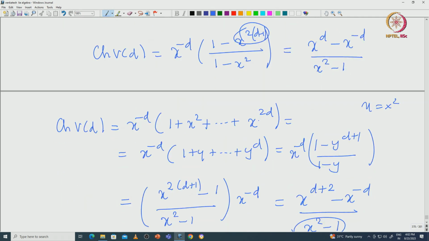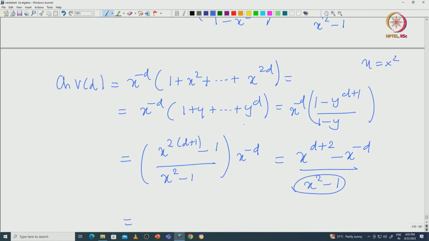So this is correct, twice d plus 1 minus 1. If we take x inverse out, we get x power d plus 1 minus x power minus d plus 1 over x square minus 1. So I will leave it to you to check. It's okay, not a problem.